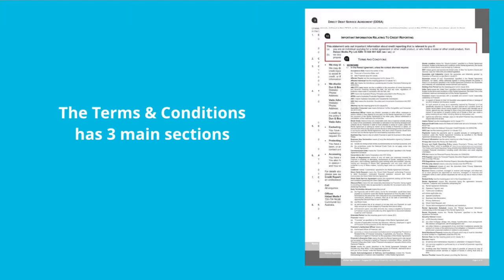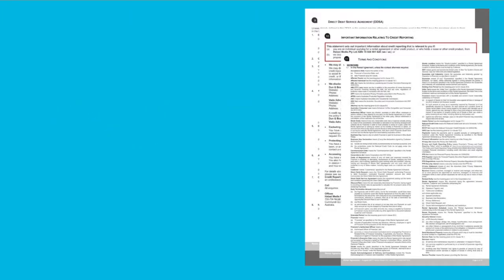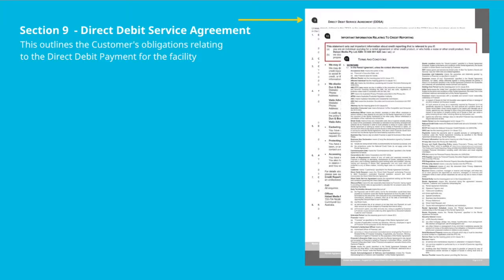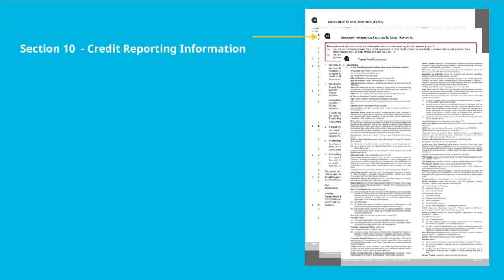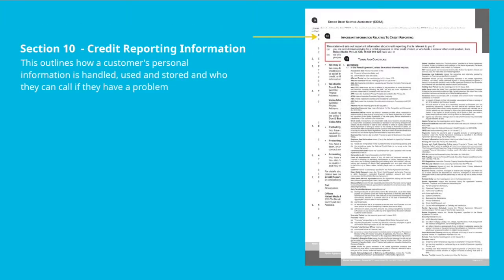There are 3 main parts to the terms and conditions pages. The direct debit service agreement. This outlines the obligations of the customer in regards to the payments the customer must make for the facility. Credit reporting information, which outlines how the customer's personal information is handled and used and who they can call if they have a problem.